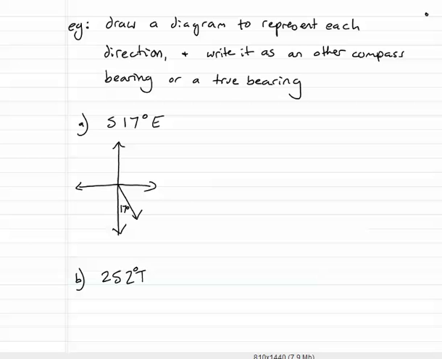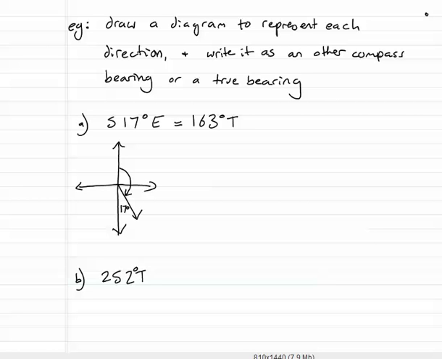Now that's already another compass bearing, so we want a true bearing, which means I want the angle clockwise from north, and that angle is obviously going to be 180 minus 17, 163 degrees T. So we can convert between different types of bearings.